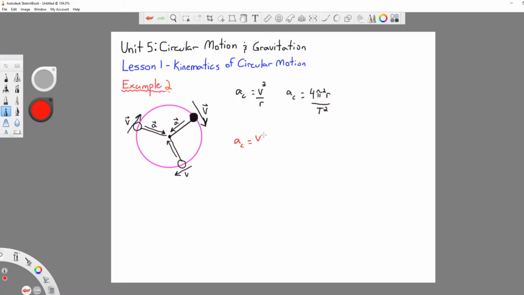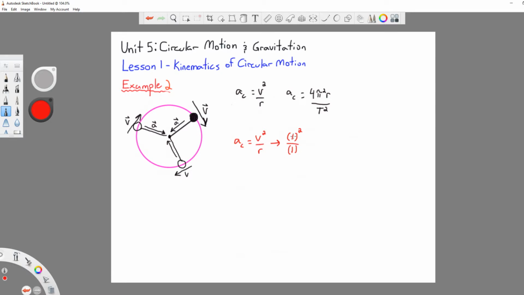AC is equal to V squared over R. And with these types of problems, I like to find our ratio of difference. So I'm not going to put an equal sign, but I'll put an arrow saying, here's a logical leap. What I like to do is replace all of the changing values with ones, because we're going to be manipulating these things.